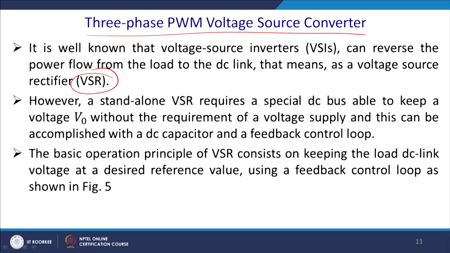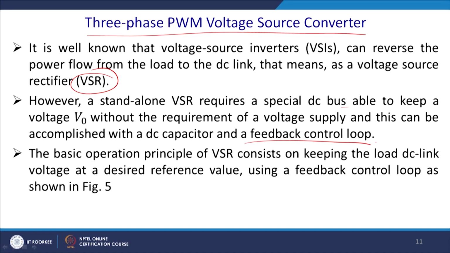However, a standalone VSR requires a special DC bus able to keep a voltage V0 without requirement of a voltage supply, and this can be accomplished with a DC capacitor and a feedback loop control. We will see it in the next slide.